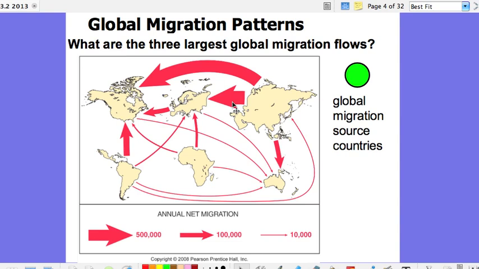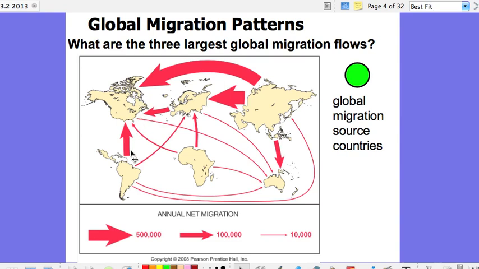So we have here, this is a very large arrow, and you can see this is Asia, and a lot of people are moving from Asia going to Europe. Here's another large flow, and so you see a lot of people moving from Asia, and they are going to North America, Canada, and United States.